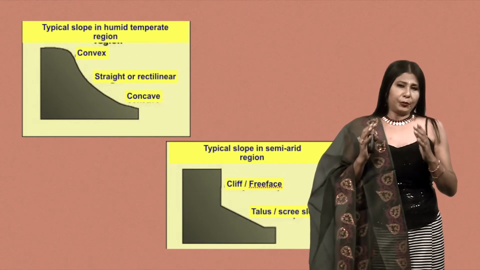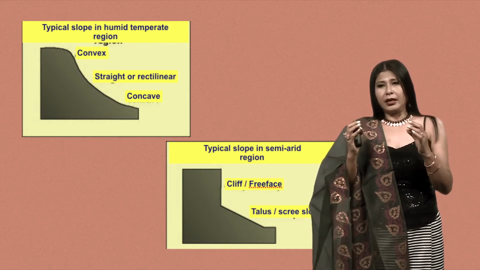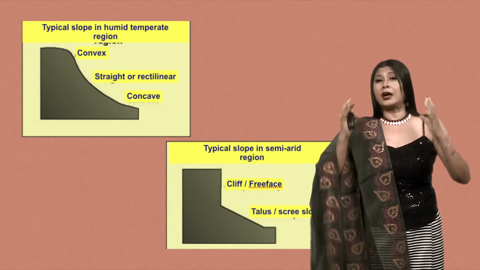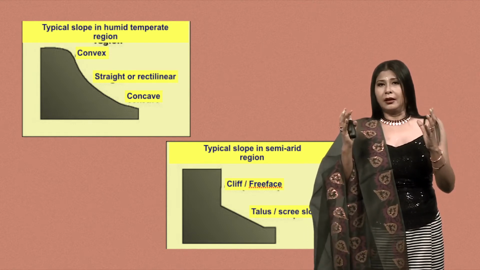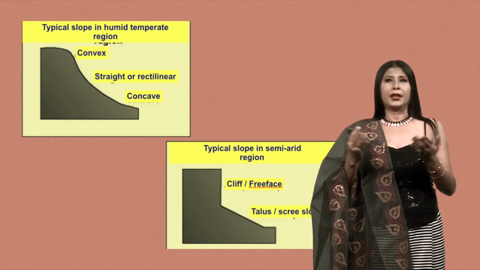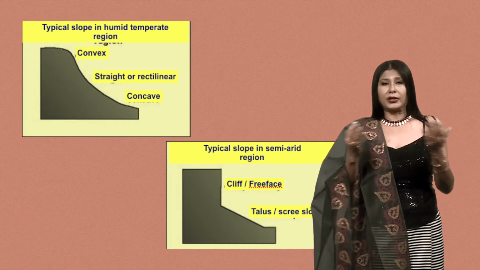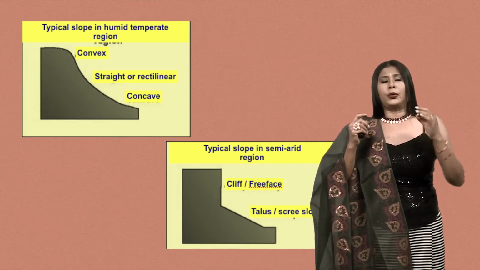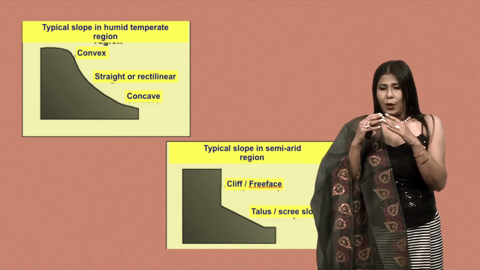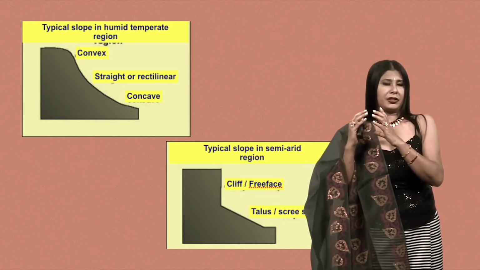In the chapter on weathering, we have seen that physical weathering gives rise to a very sharp landscape, because rocks are broken by different types of physical weathering like frost shattering, sheeting and exfoliation. If we fly over a desert, we will see the landscape is very sharp, with sharp-edged rocks.